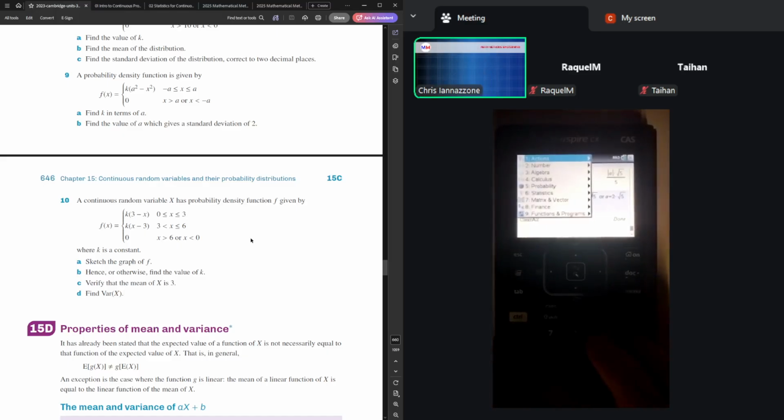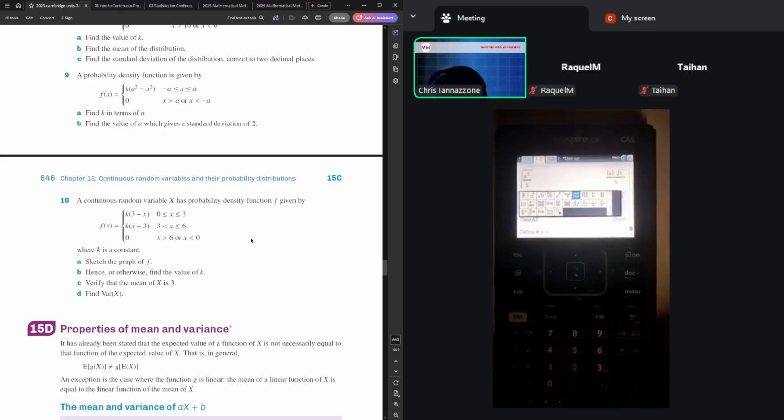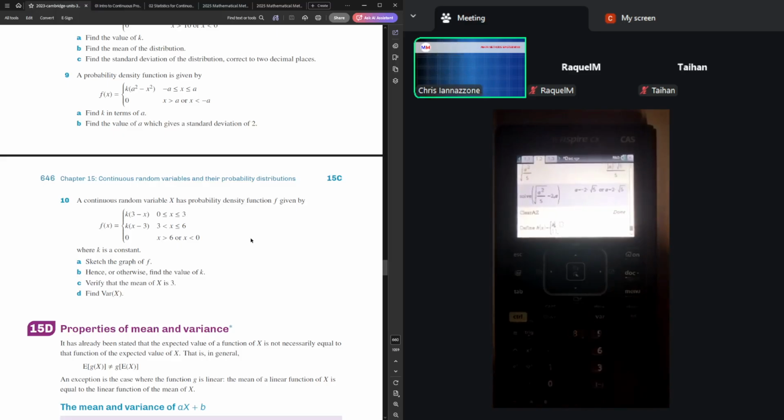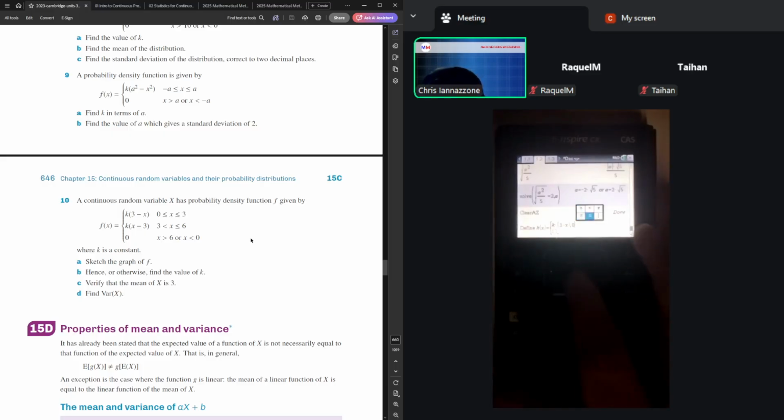Make up the piecewise function is equal to piecewise k times 3 take x, k times bracket 3 take x. That one is for 0 to 3. Less than equal to x less than equal to 3.